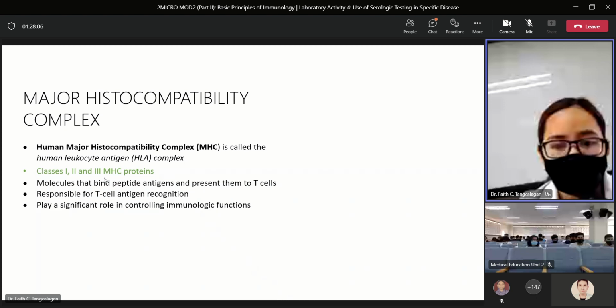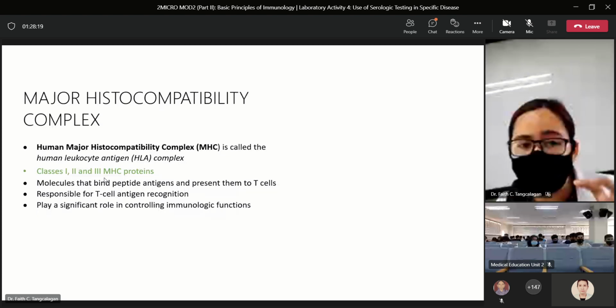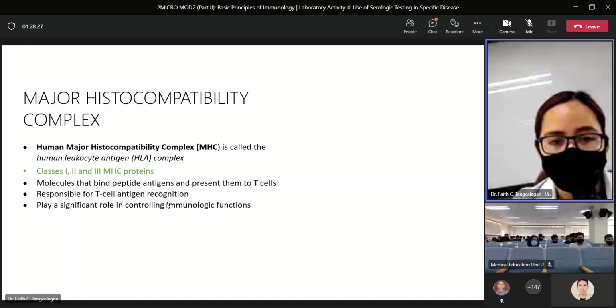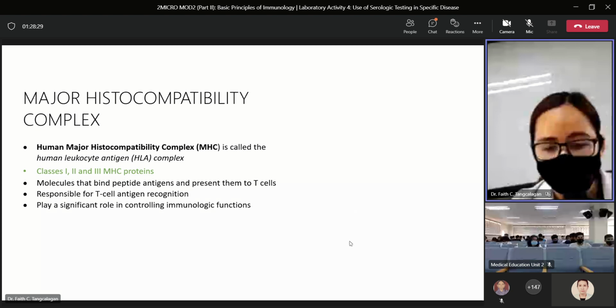There is also a receptor on your T cells, so they are responsible for T cell antigen recognition, and they play a significant role in controlling immunologic functions.